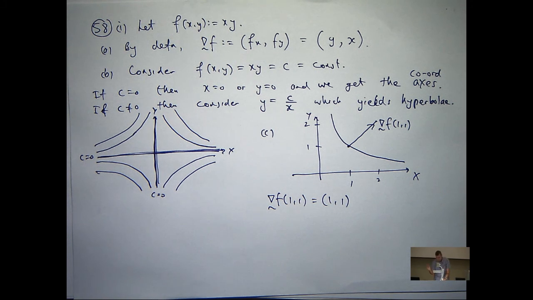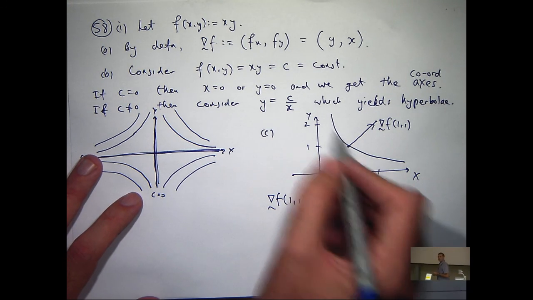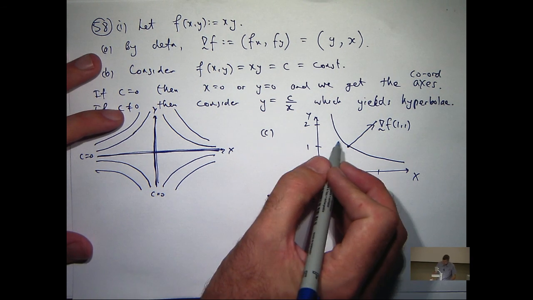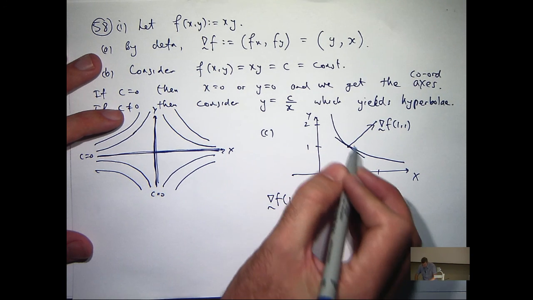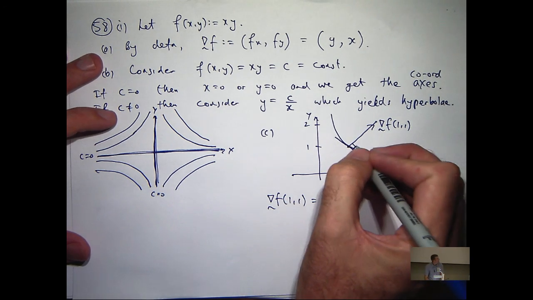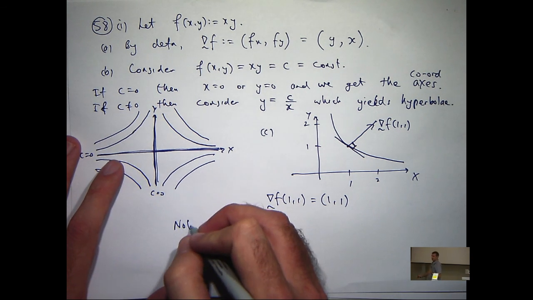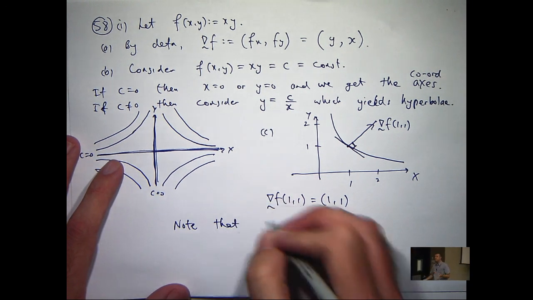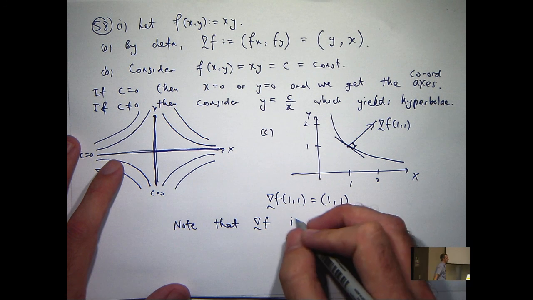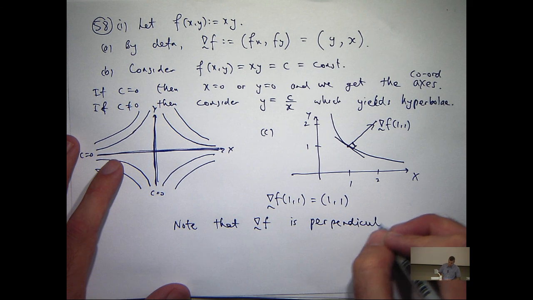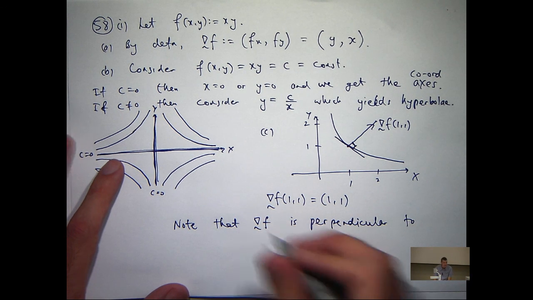I'm noting that the gradient vector is perpendicular to the level curve. If I was to draw a tangent vector in there, I would get a right angle. It's perpendicular, or normal.